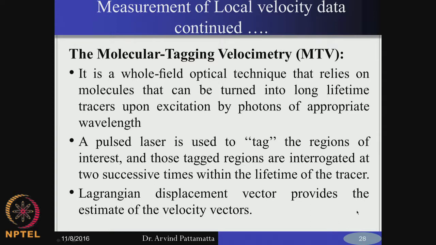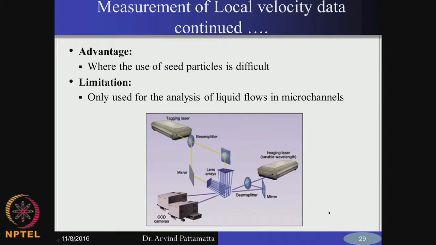You use the molecules of the working fluid themselves as the elements to trace the fluid velocities. The advantage is that where you cannot use conventional seeding particles, you use this, but of course it can be used only for liquid flows, because most liquid molecules are more responsive to the lasers, whereas gas molecules are not.